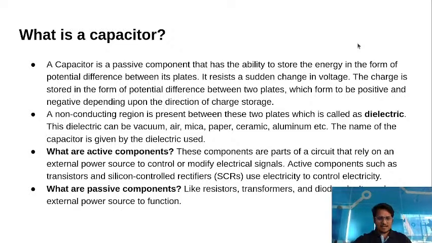So let's start. First, I think you all have seen capacitors in real life, and I hope you have heard this name also. We have all seen a capacitor in the fan, but in the fan we call it by a different name, which is condenser. Do you know what is the use of the condenser in the fan?